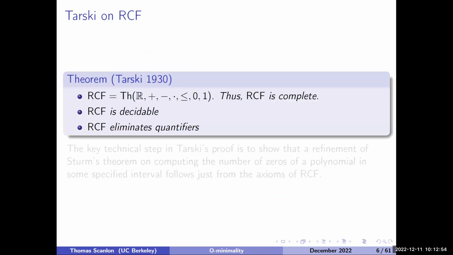So Tarski's theorem is that the axioms I just wrote down give you a complete axiomatization of the real numbers as an ordered field. He's most interested in the real algebraic numbers, a real closed field. The real algebraic numbers also satisfy these axioms, even though they're not complete as a topological space.